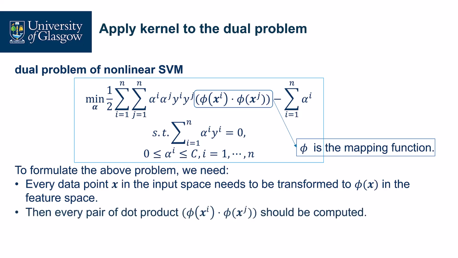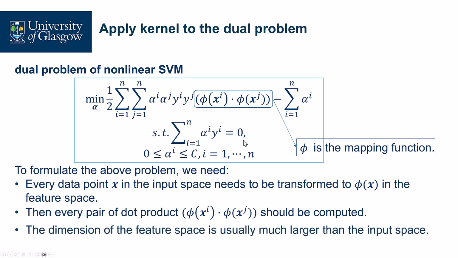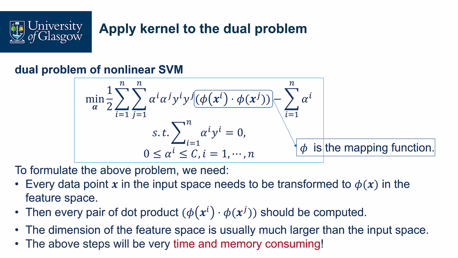Also, for each pair of data points, the dot product needs to be calculated. And often the dimension of the feature space is much higher than the input space in reality. So this involves a lot of computation, and a lot of time and memory are consumed.